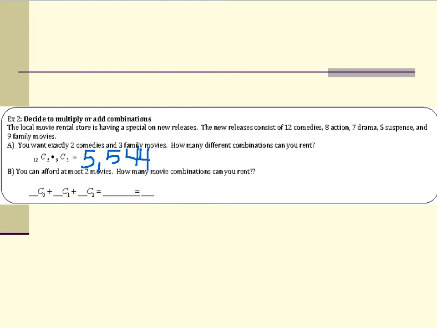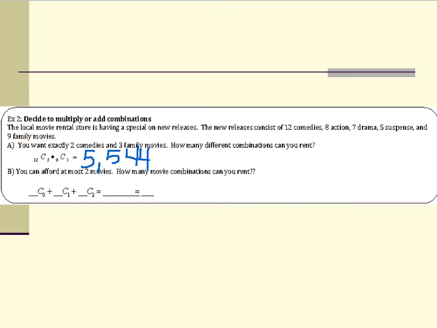And we have to figure out what number comes first, and the first number is going to be our total options. So we have 12 comedies plus 8 action, that's 20, plus 7 drama, that's 27, plus 5 suspense, that's 32, and 9 family movies, that gives me a total of 41.